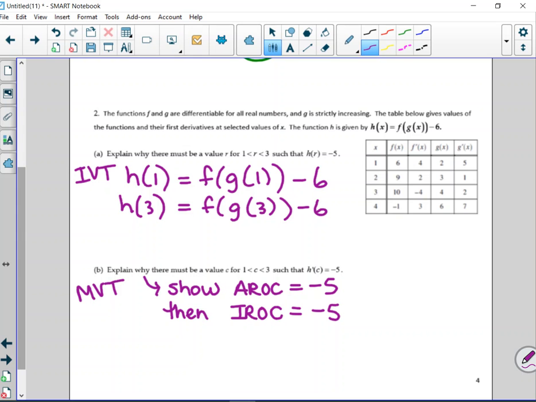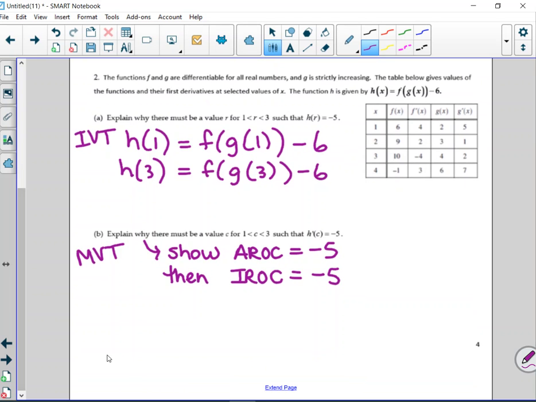You won't be able to do the mean value theorem. It won't work well. All right, so let's see if we're cool on this. So h of 1 is f of 2 minus 6, which is 9 minus 6, which is 3.